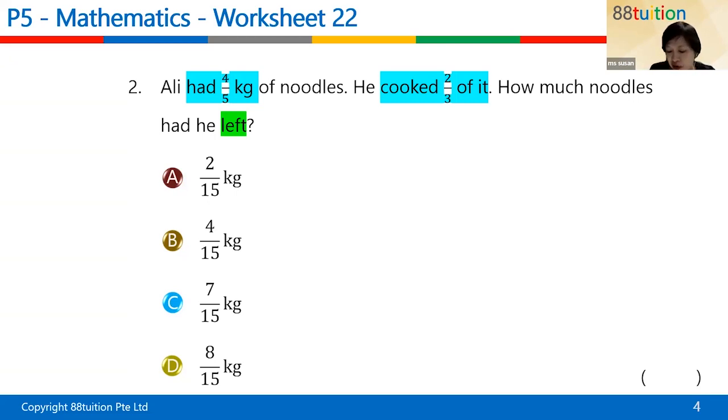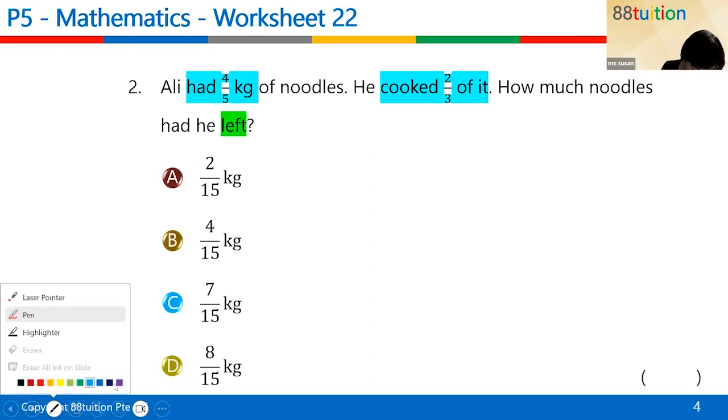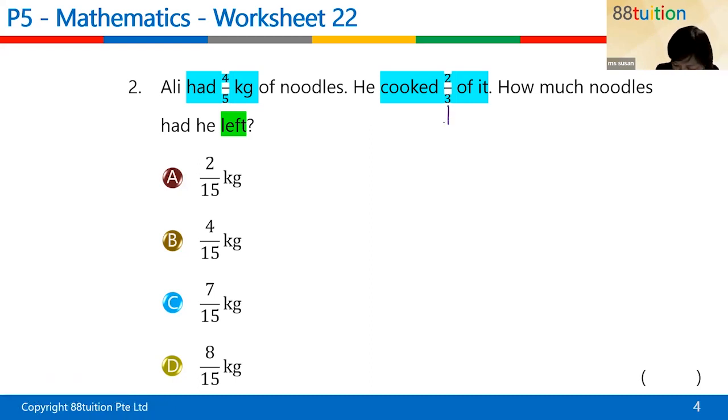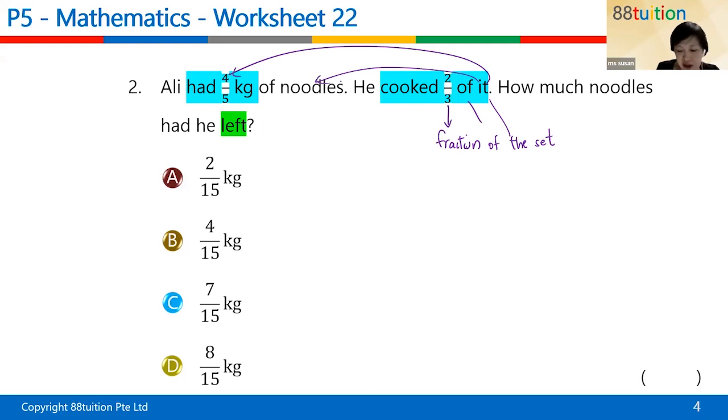So it's called fraction of a set. Those who are with me, you will understand what is called fraction of a set. What is the set here? The set is the noodle. The set is the 4/5 kilogram. So the set will be 4/5 kilogram of noodles.